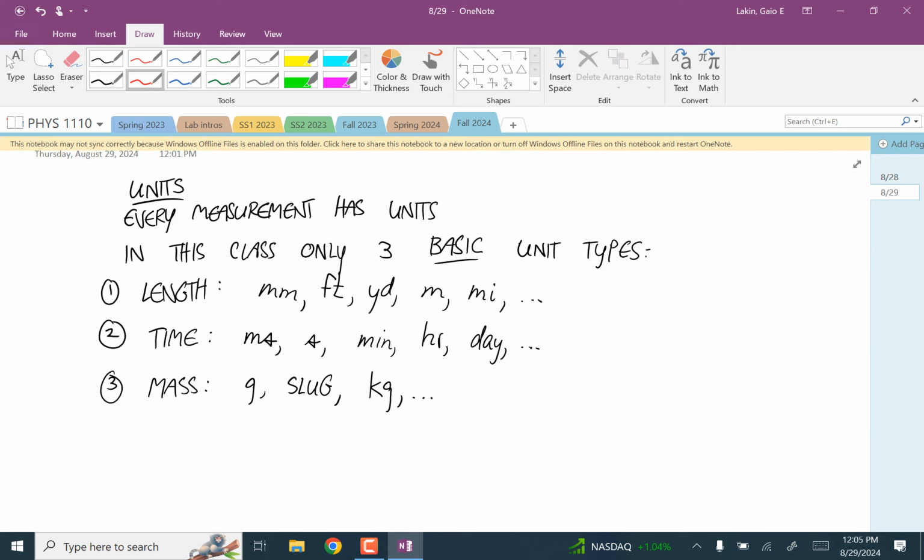The SI units are the ones that we're going to use in pretty much everything in this class. You can think of it as standard international units. That's not actually what SI stands for, it's French, but it is the standard international set of units. It includes meters for length, seconds for time, and kilograms for mass.